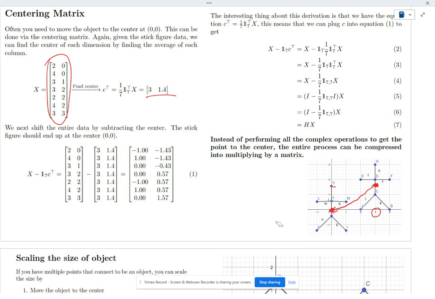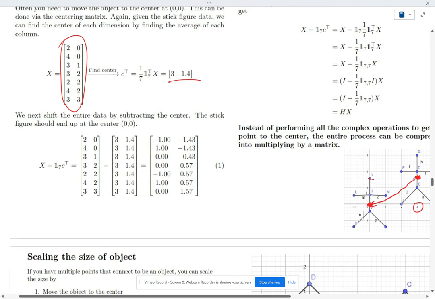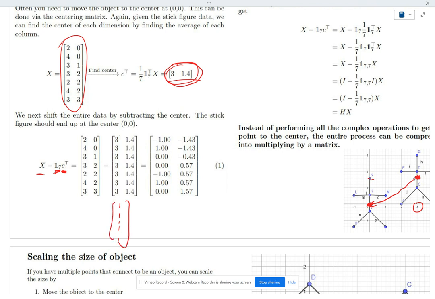Now, notice what I did. Here's X, which is the original matrix. All the dots of the stick figure are here. And then I have 3, 1.4, right? This is equal to the 1 vector times 3, 1.4. So if we have 1, 1, 1, 1, 1, and here's 3, 1.4, notice the result is multiple copies of it.